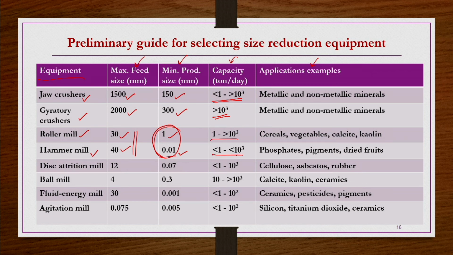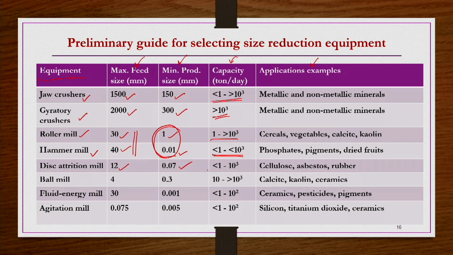The capacity for hammer mill is again a very wide range, less than 1 ton per day to 1000 tons per day. The applications you find in general in phosphates, pigments, dried fruits, etc. Then we had a disc attrition mill which can handle a maximum feed size of 12 mm, and it can produce particle size of 0.07 mm.